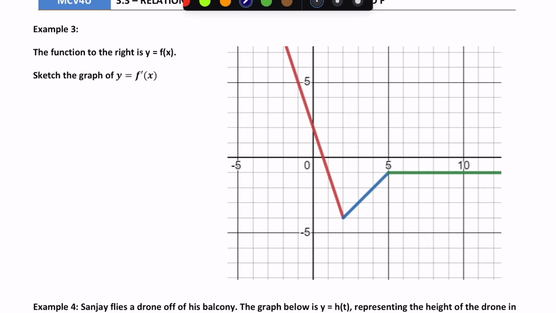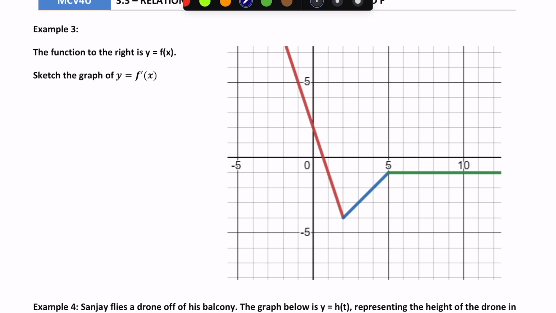Okay, so let's look at example 3 here. It says the function to the right is y equals f of x. Sketch the graph of y equals f prime of x. So if we look at this, let's look at the red line first.